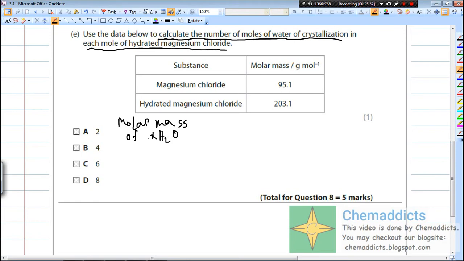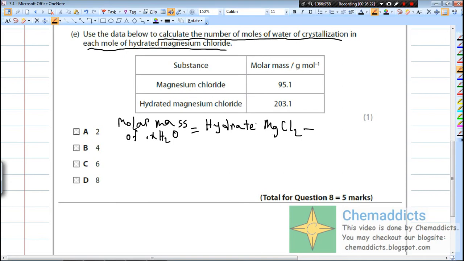We're going to find the molar mass of water of crystallization by subtracting the hydrated MgCl2 minus only MgCl2.